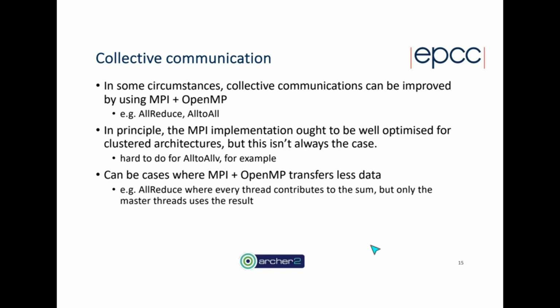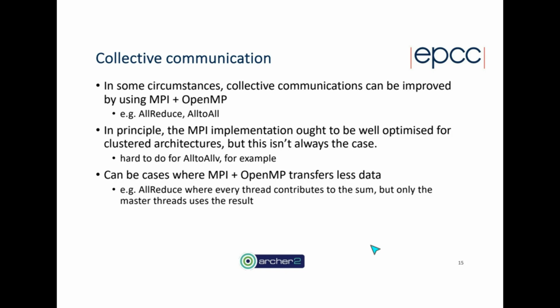So all-to-all V, for example, is difficult to optimize. All-to-all V is where every process sends a different amount of data to every other process, and trying to optimize that for a hierarchical architecture is actually hard.